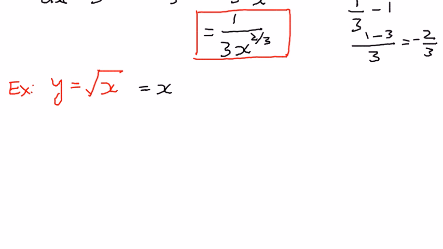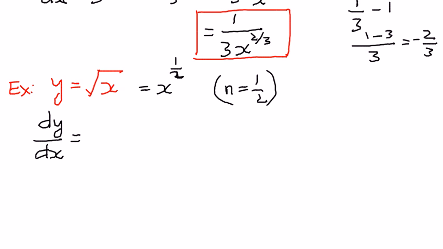Square root of x is the same as x to the power of half in exponents, and therefore we can use the power rule to be able to differentiate this. Here n is equal to 1/2, and if we want to find the derivative, dy by dx, the first derivative can be written out as n x to the power of n minus 1.